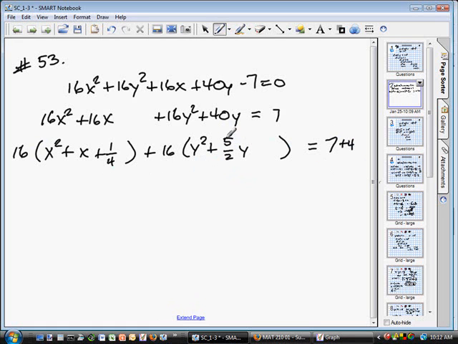On this side, half of 5/2 is 5/4, and 5/4 squared is 25/16. Okay, and that means I added 25 to the left side, right? Because 16 times 25/16 is 25. I ran out of space here, but I'm adding 25 to equalize it. Okay, this is now a perfect square right here.